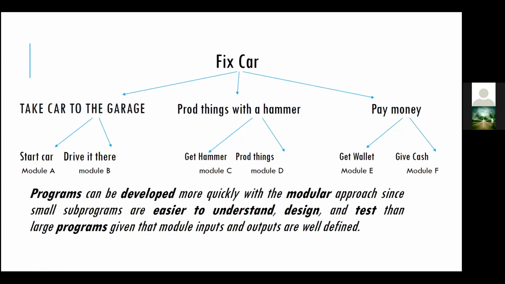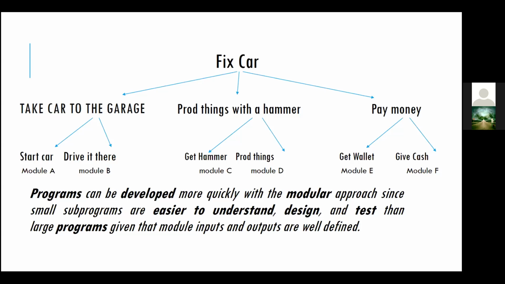Then on the second level, we further subdivide the program into smaller subprograms or modules. For take car to the garage, we can divide it into modules A and B, which are start car and drive it there. Prod things with the hammer can be divided into get hammer and prod things. And pay money can be divided into get wallet and give cash.